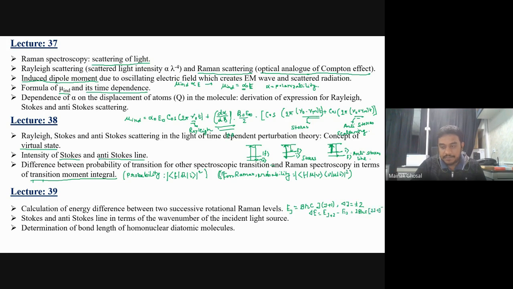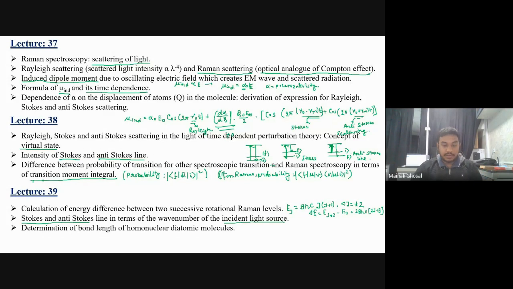Now if we put in different J values, you can get different energy levels. Then there was a discussion on the Stokes and anti-Stokes lines in terms of the wave number of the incident light source. Depending on the wave number or energy of the incident light source, the Stokes and anti-Stokes lines can be distinguished.